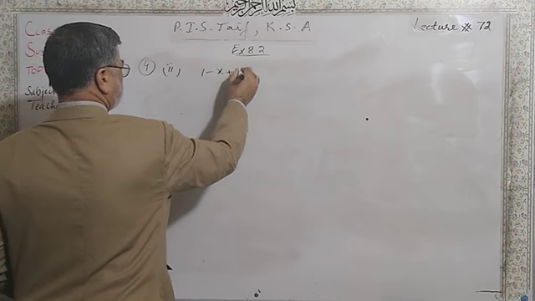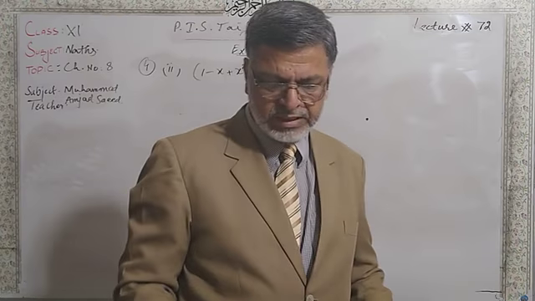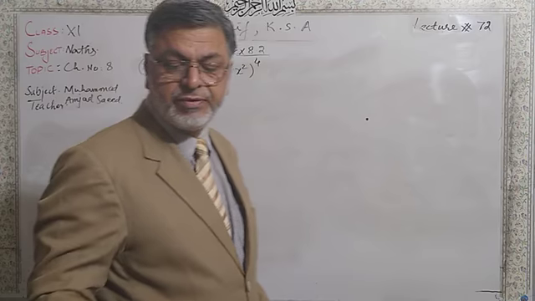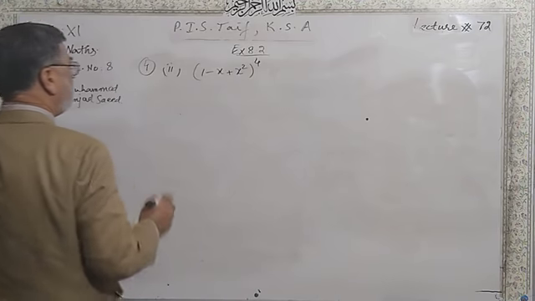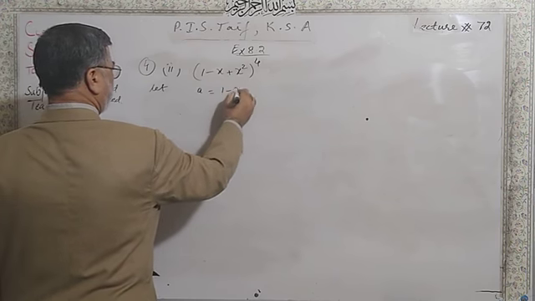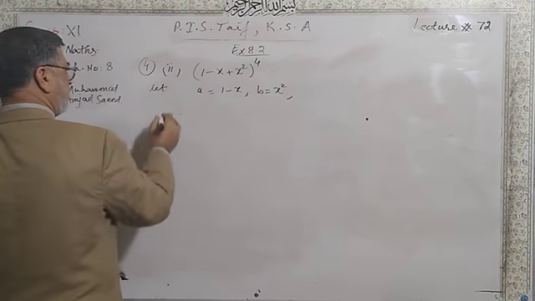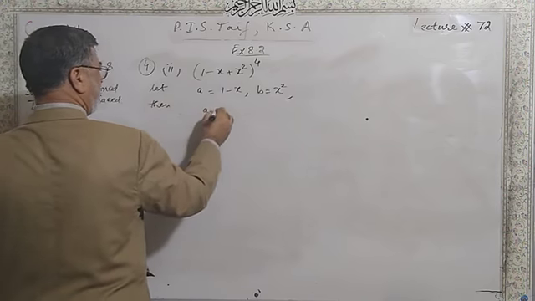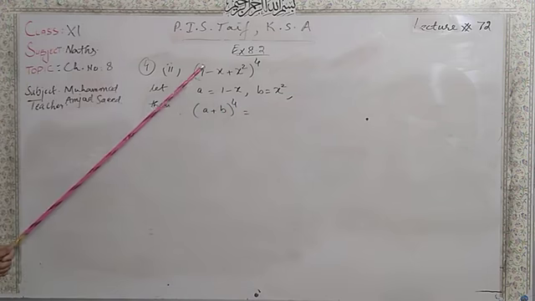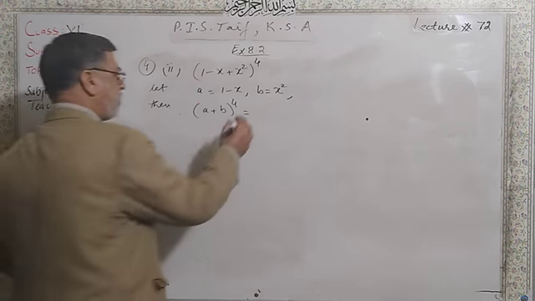Let a is equal to 1 minus x, b is equal to x square, then we will have a plus b power 4. A plus b power 4, it will be easy to open now.